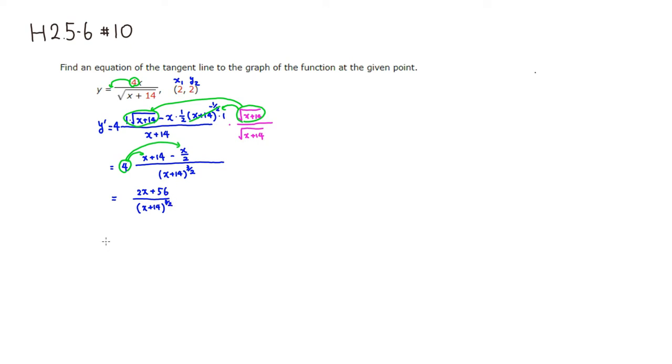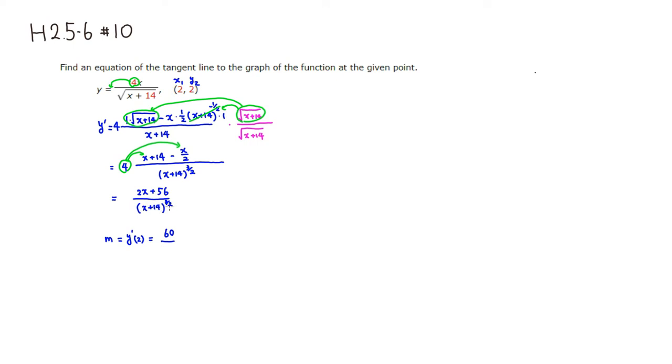Then we can find the slope m by simply plugging x equals 2 into the derivative. So you're going to have 2 times 2 is 4, plus 56 is 60, actually, sorry, 60, over 2 plus 14 is 16.